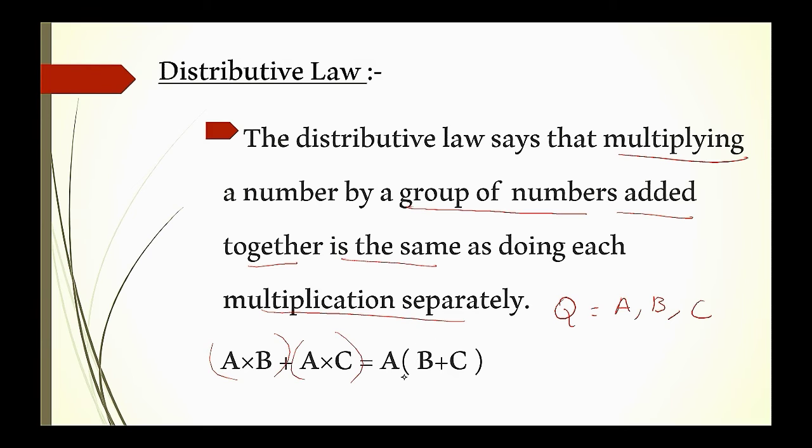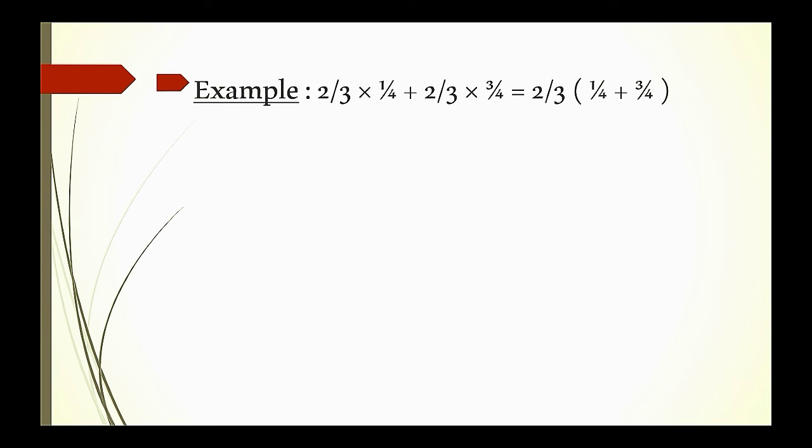Next, here I'm adding both the numbers and doing the multiplication together. So let us check with an example. This is the shortest way of doing multiplication over addition.